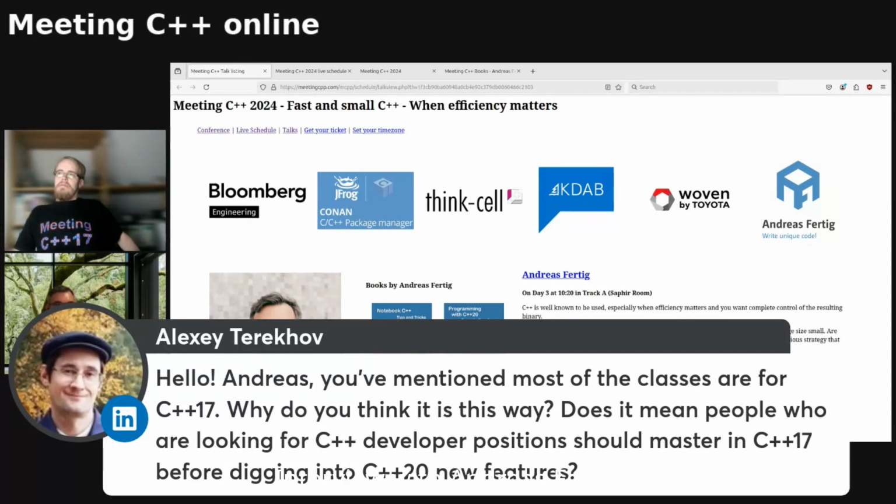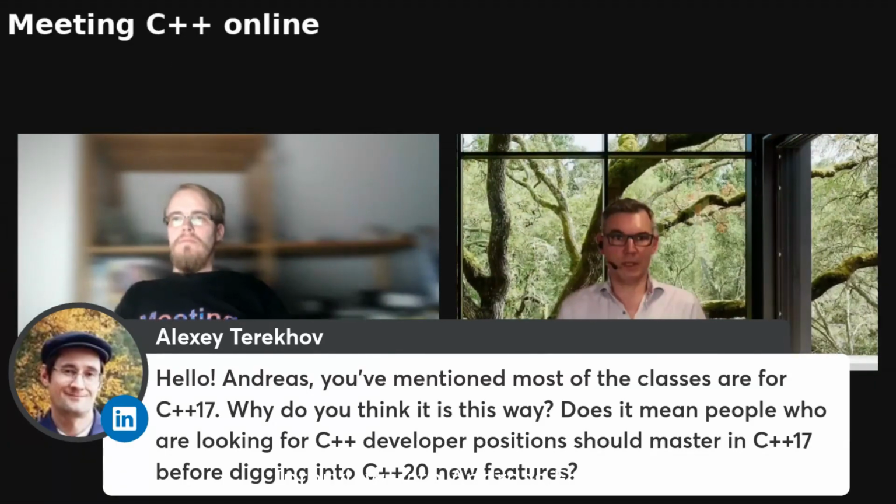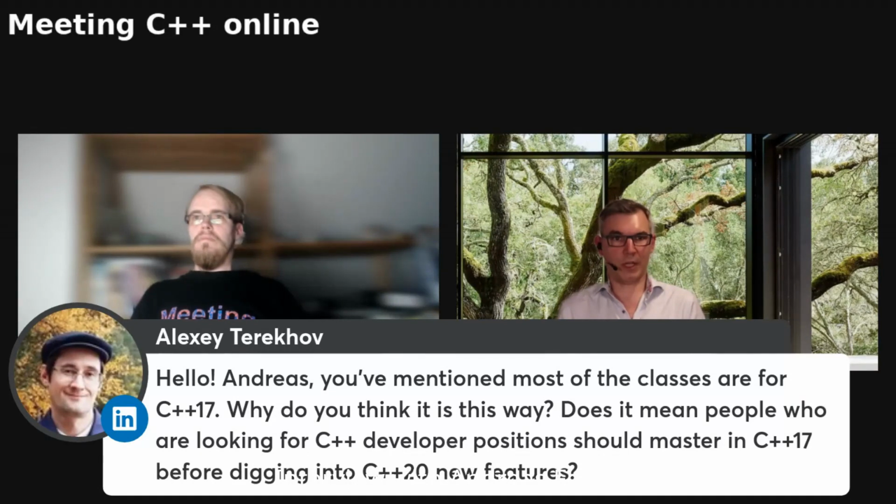Yeah, that's a good question. So the disclaimer first being said, that's my personal experience and my thoughts on that question. There are multiple reasons why I see people or companies still using C++17. One is that they have a toolchain environment which they cannot change that easily.